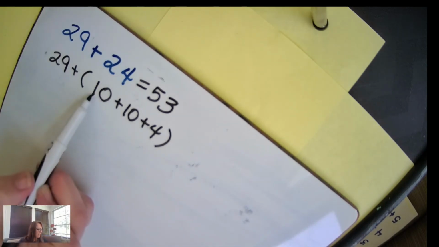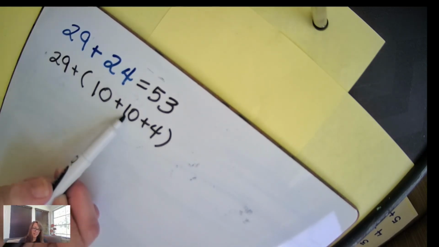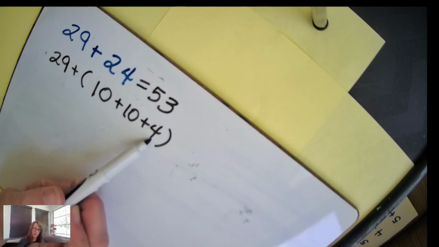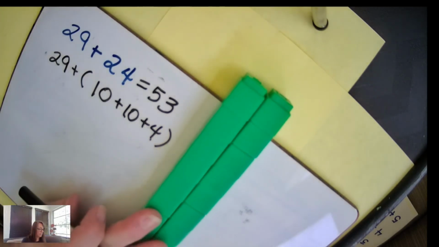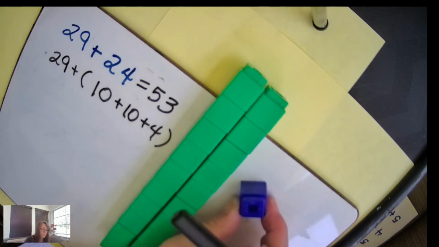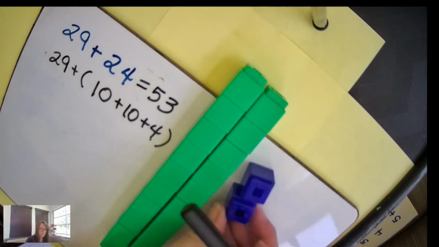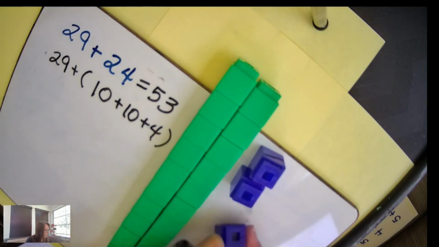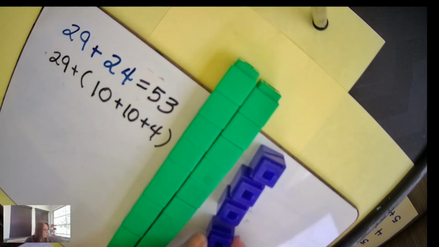So 10 plus 10 plus 4 equals 24. Let's see that. 10, 20, 21, 22, 23, 24.